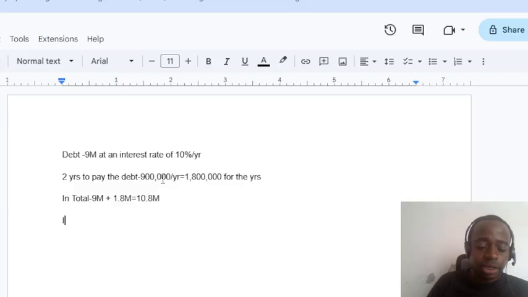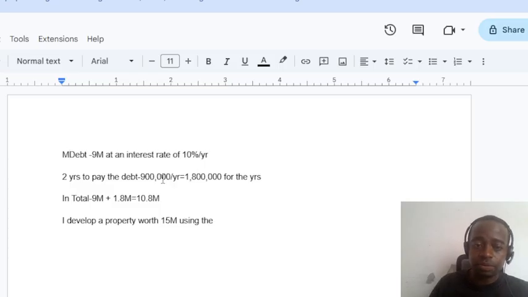Now, assuming I decide to develop a property using the 9 million, and sell it for, let's put 12 million. That's a bit realistic, not too high.